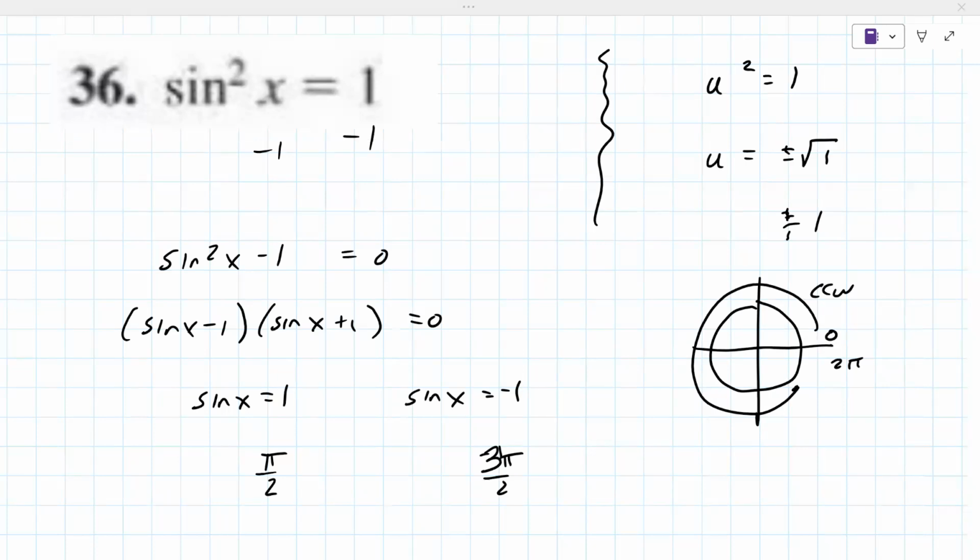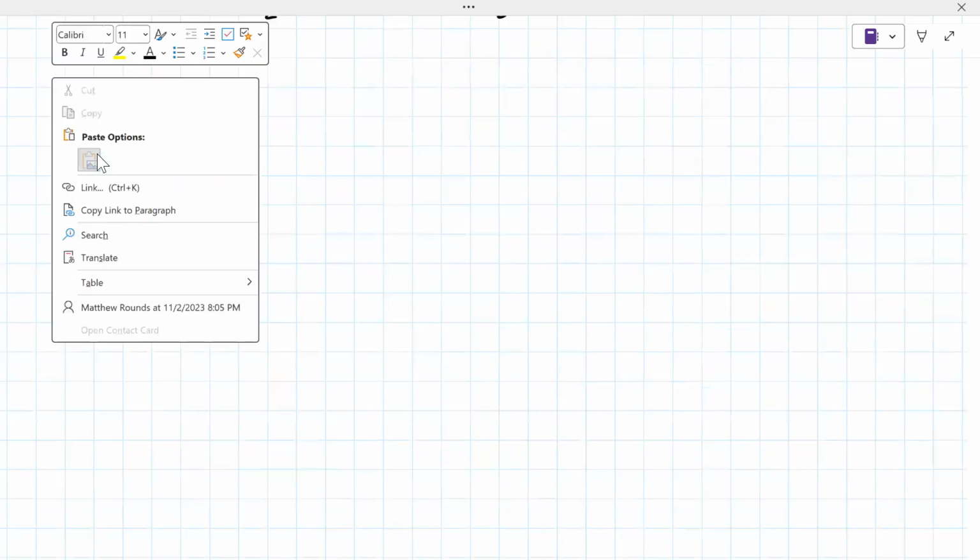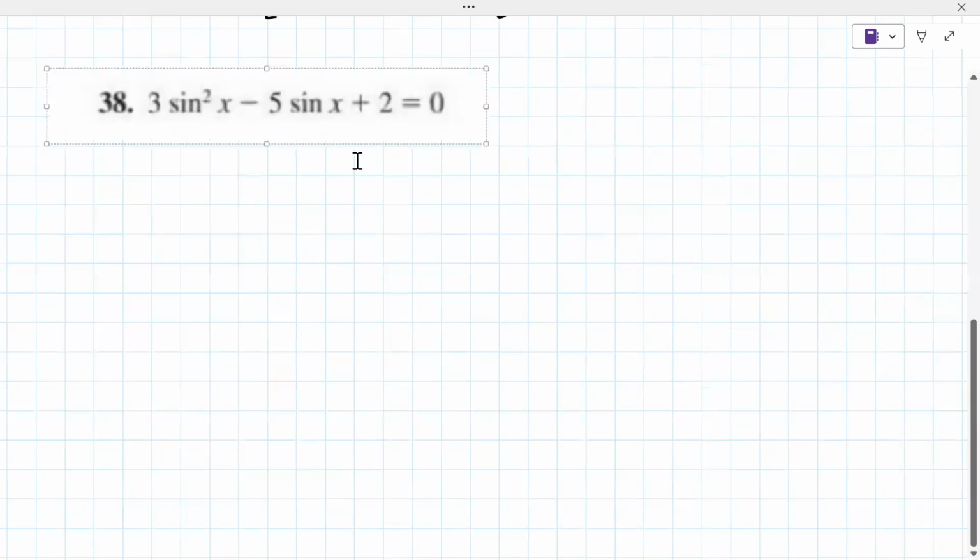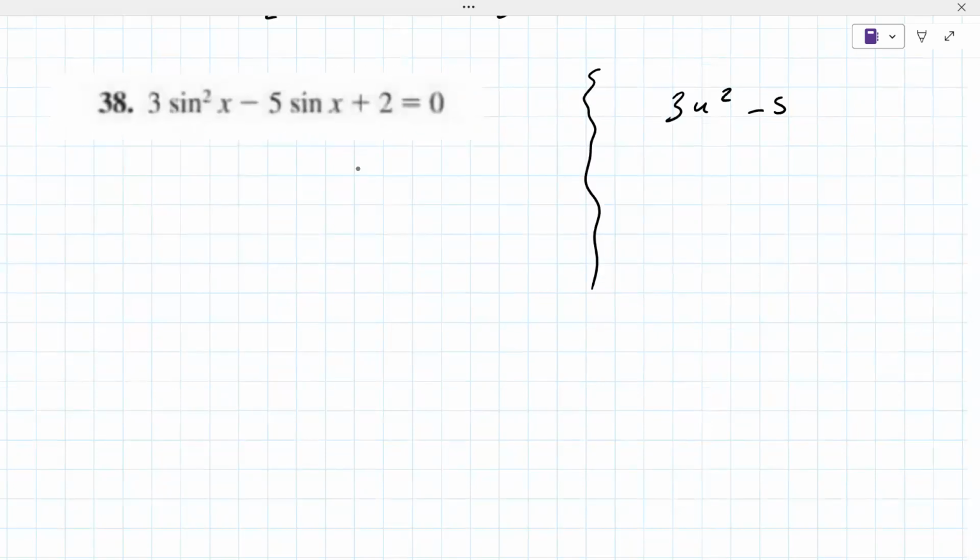Okay. 38 here. What you do is you treat this as if it's a standard factoring problem. There's always an analogous pure algebra problem. I like U for my substitution. And if you're more comfortable factoring with the U's instead of the sine x, that's a good thing.